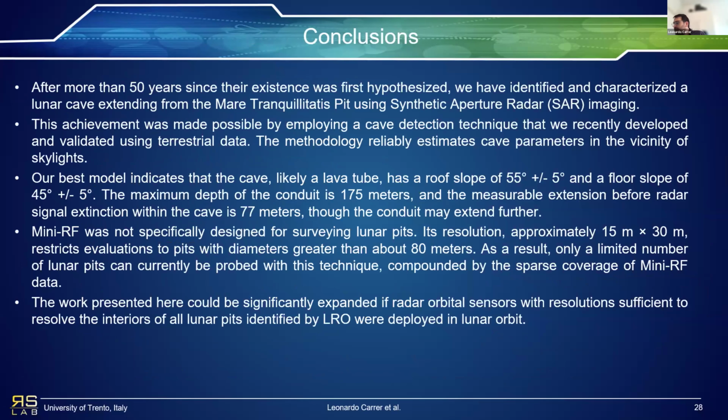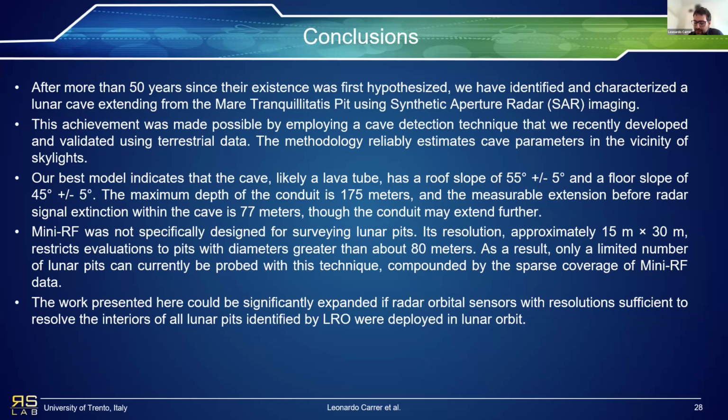To conclude this seminar: more than 50 years ago, it was theorized that there were lunar tubes, lunar conduits, and we were able to prove the existence of one of them below the Mare Tranquillitatis pit by using side-looking synthetic aperture radar imaging. How did we do that? We invented a cave detection technique based on SAR imaging, which we validated using terrestrial data, and we proved that this methodology could reliably estimate the cave parameters close to skylights.